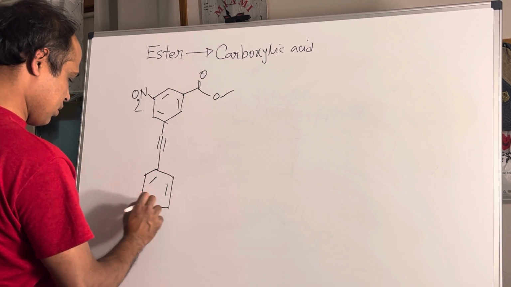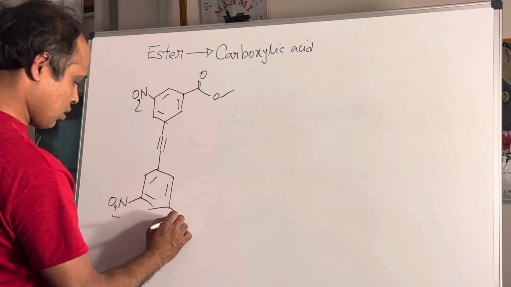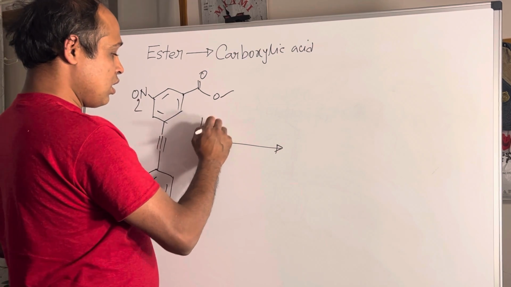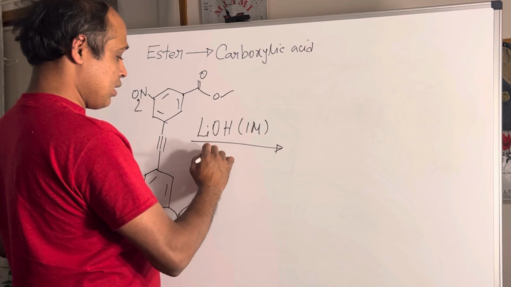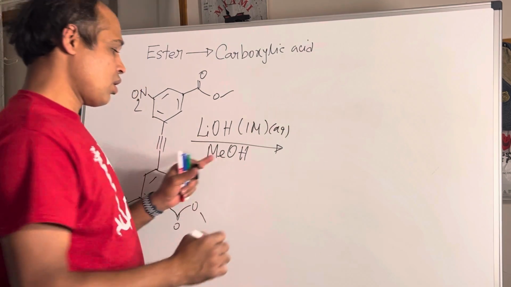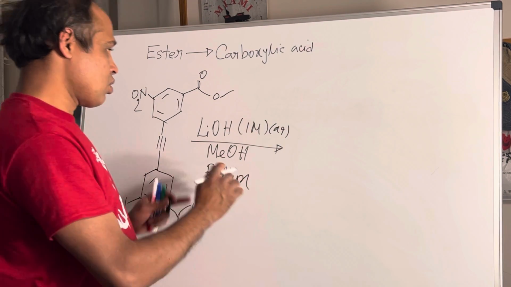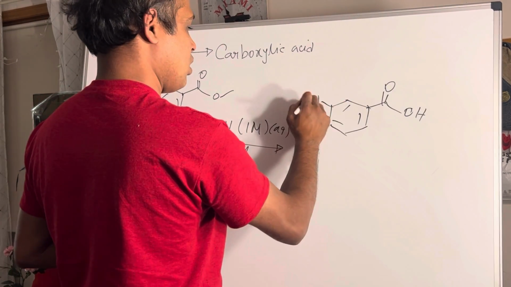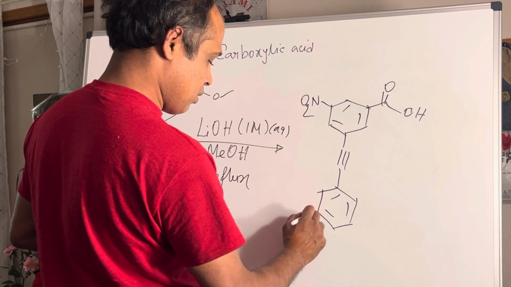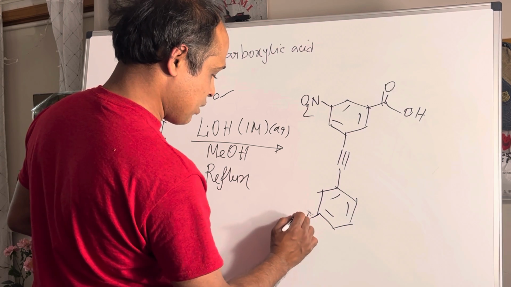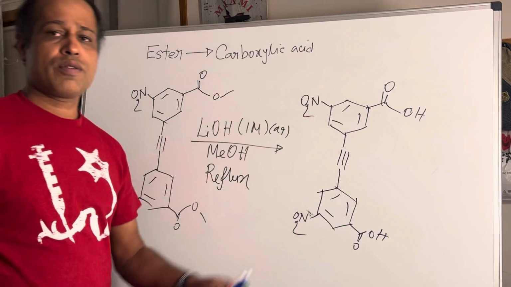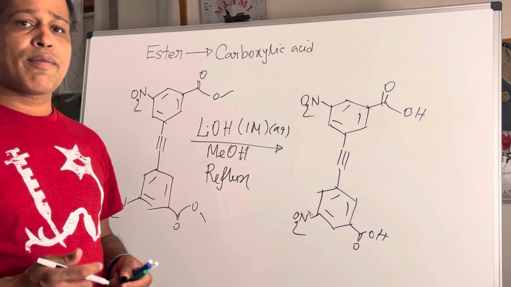In that case, do not use sodium hydroxide; use lithium hydroxide, 1 molar aqueous solution, and methanol, and do the reflux. So you will get the carboxylic acid. In the case of a nitro group and also a triple bond, I don't think the triple bond will be the problem, but the nitro group with a strong base can sometimes create problems. That's why use lithium hydroxide. It is very selective for this reaction, and you will get the pure product in more than 97% yield.